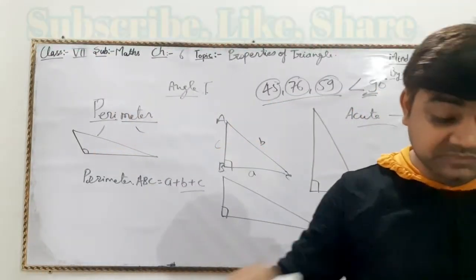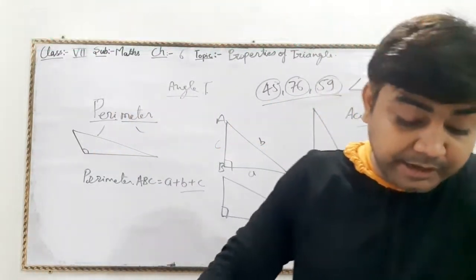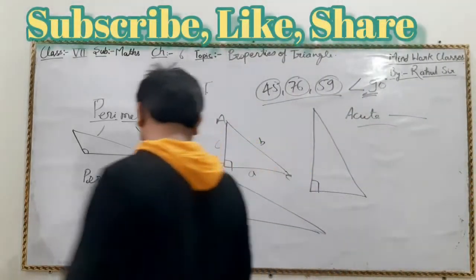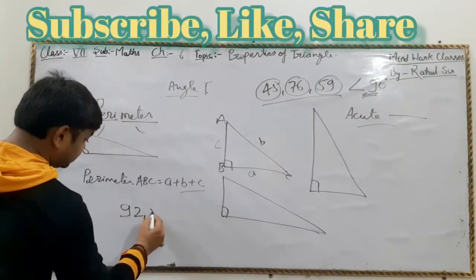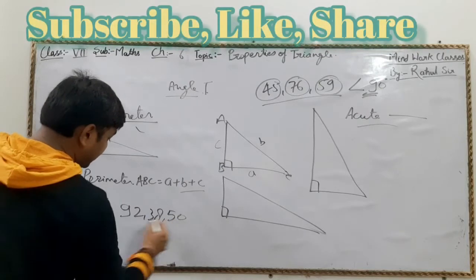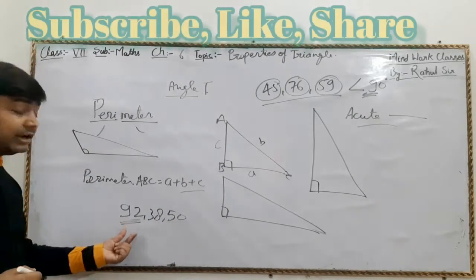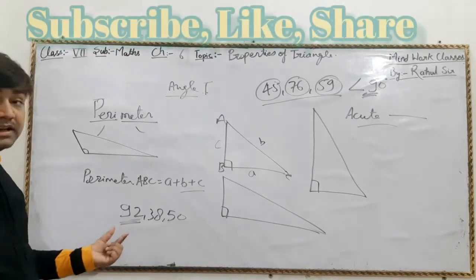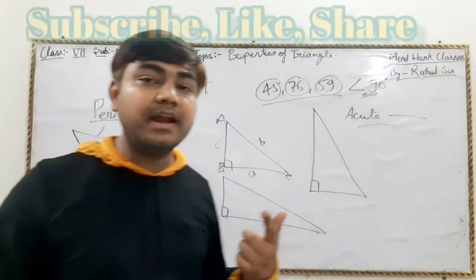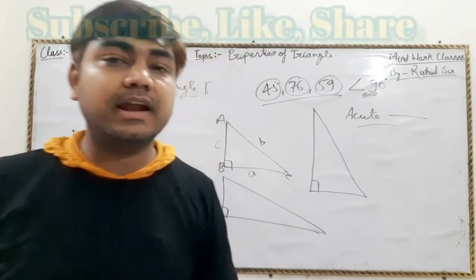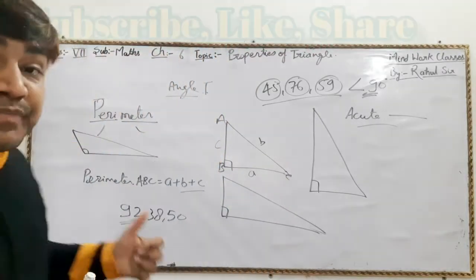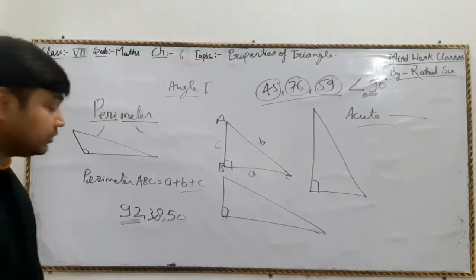Similarly, the second part, 92, 38 and 50. Look at this one. This is not equal to 90, this is 92, and if the angle is 92, that means it is greater than 90. If the angle is greater than 90, this is an obtuse angle.